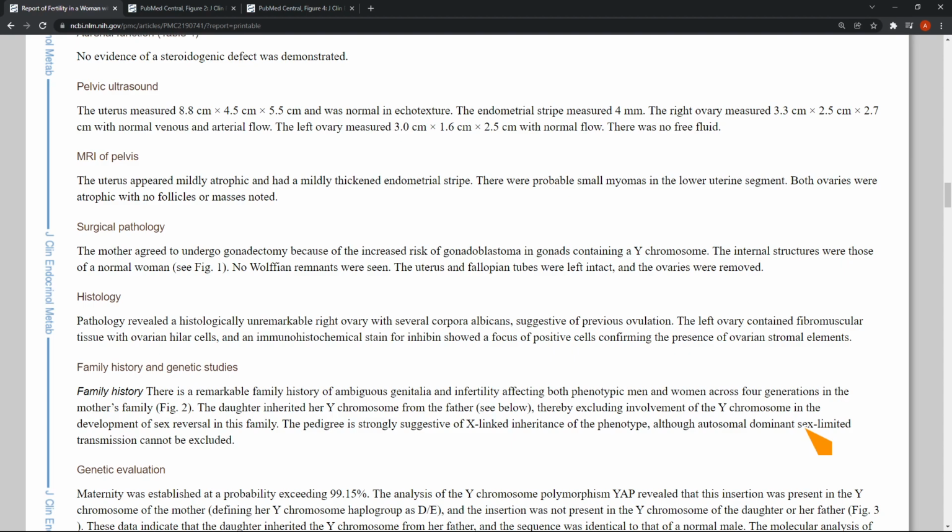An autosomal dominant trait is eye color. If you have melanin in your eyes, it's brown, and that trait is autosomal dominant. Just so you know how that works. Sex limited means it only presents in one sex or the other.